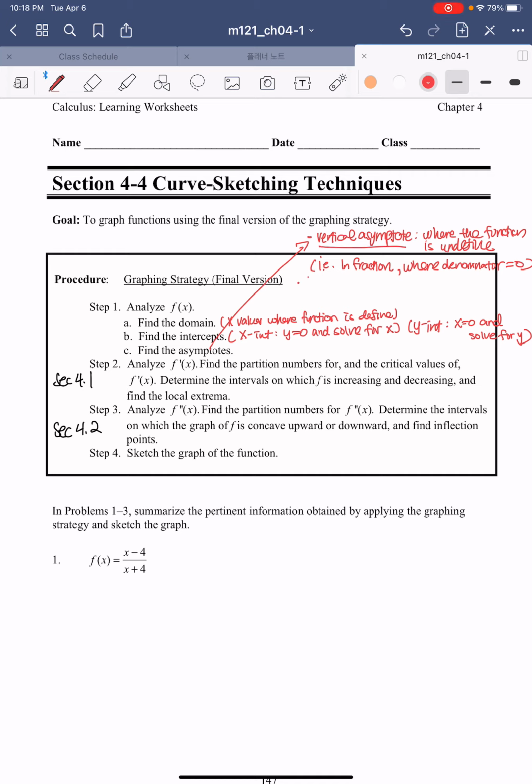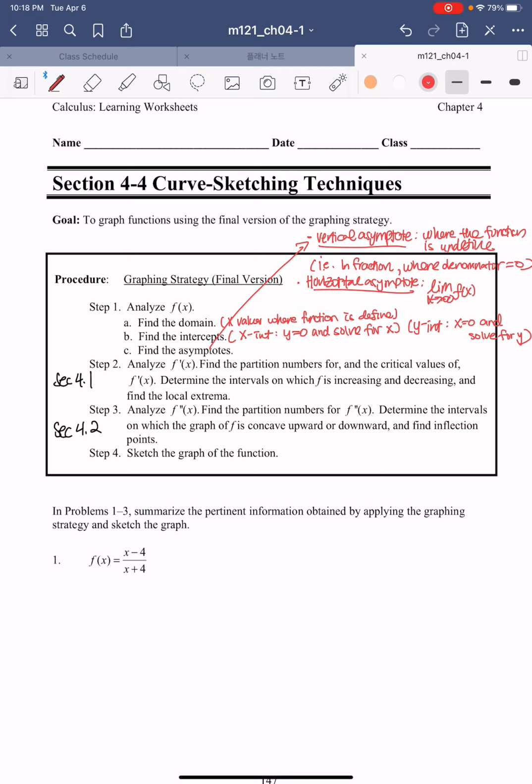How do you find the horizontal asymptote? Back in chapter 2, this is where we take the limit of the function as x goes to infinity. We apply the limit as x goes to infinity of f of x, and that value is where the horizontal asymptote exists.